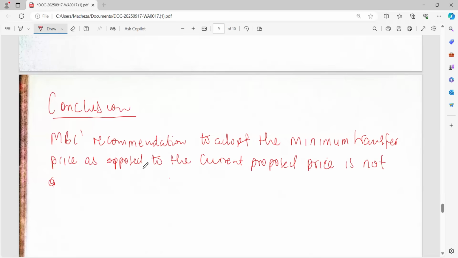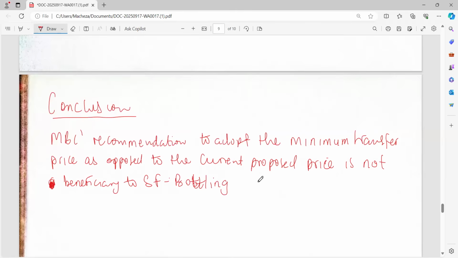It's not beneficial to SF Bottling. I don't know what's happening with my brain now. As it will reduce the transfer price from 12.55 to 12.33.